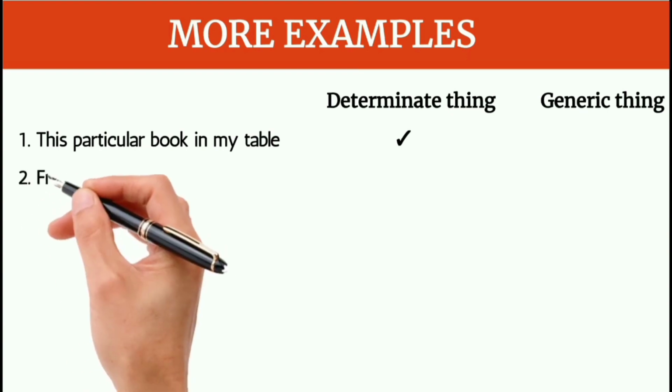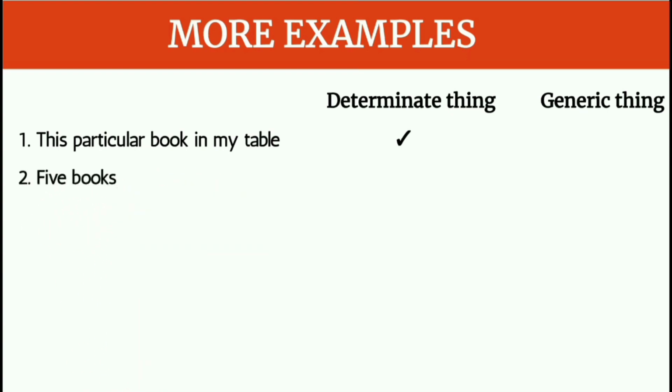How about number 2? 5 books. Is this a determinate thing or a generic thing? Of course, ito ay generic thing. Kasi nga, hindi natin masegregate. We cannot particularly designate or physically segregate these 5 books from all other books.